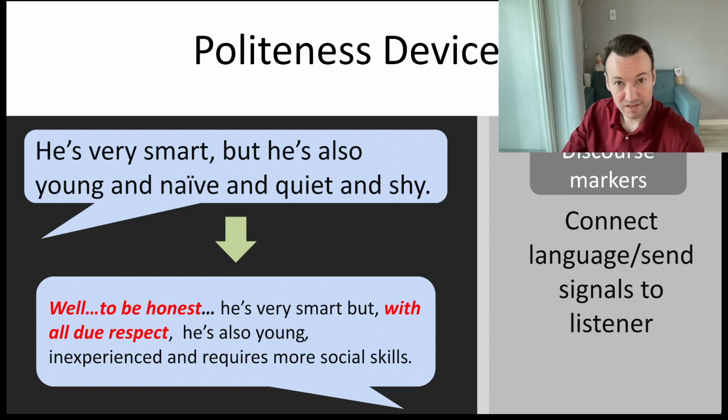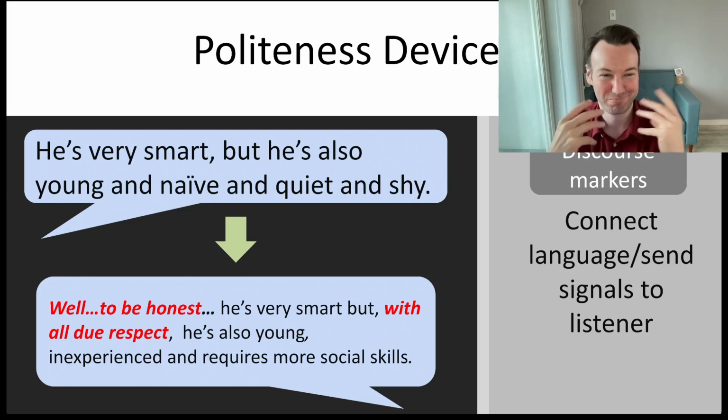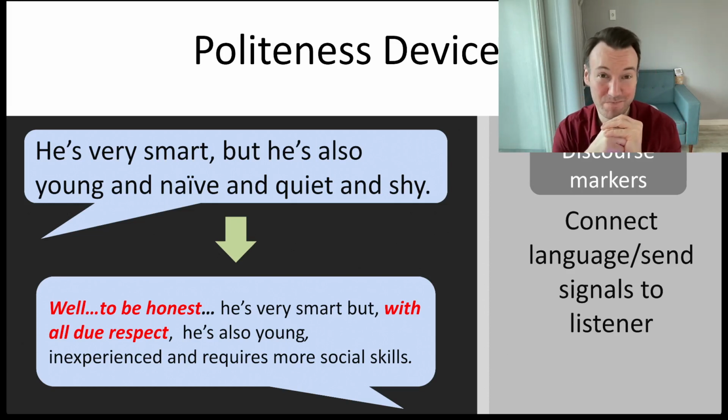With all due respect, what that means is I am going to go against your opinions or your wishes, and I'm going to not challenge your authority, but I'm going to disagree with it.